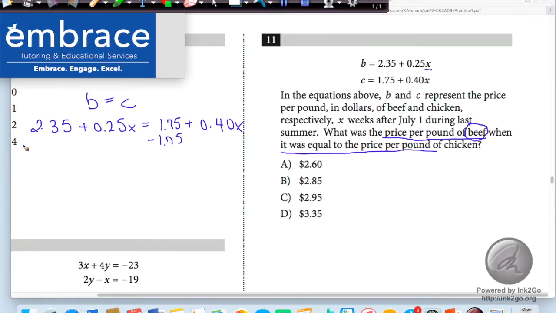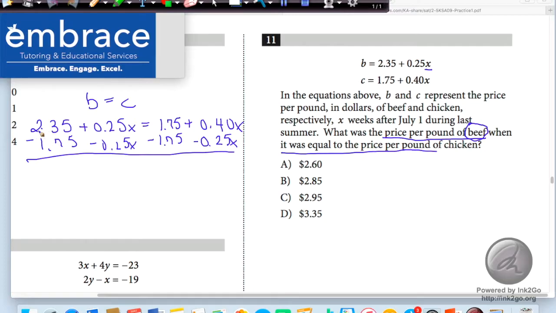I'm going to subtract from both sides, so minus 1.75. Now I'm also, in order to carry this through in terms of the 0.25, I'm going to subtract the 0.25x here.